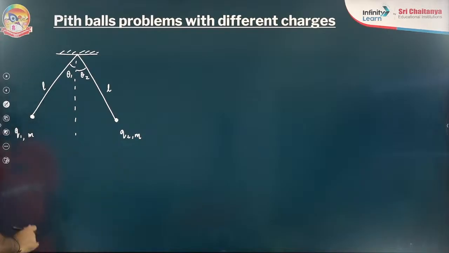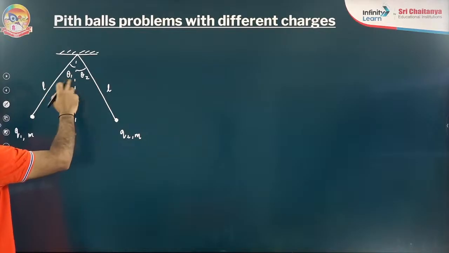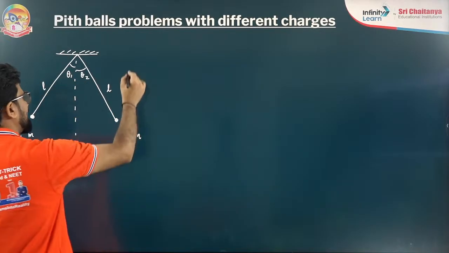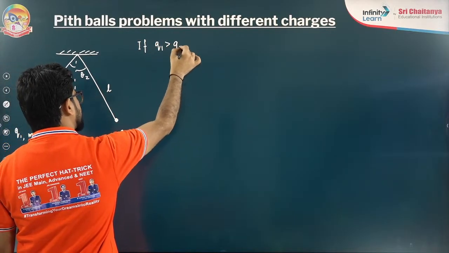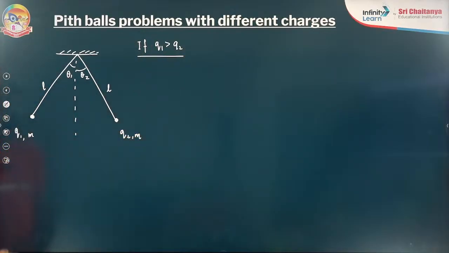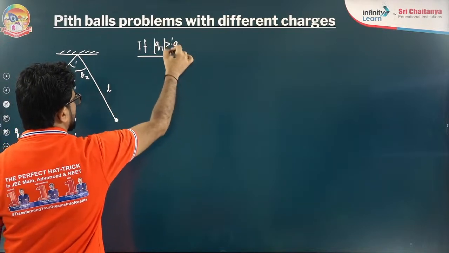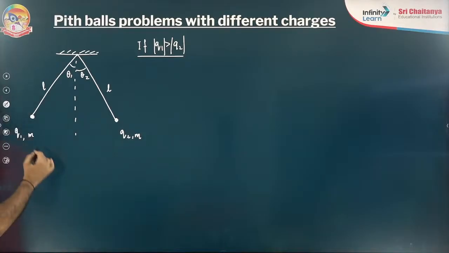Now the question is very simple. Which is greater, theta 1 or theta 2? And it is given to you that Q1 is greater than Q2. Better to put it as magnitude: the magnitude of Q1 is greater than Q2. They are like charges, maybe both are positive or both are negative.